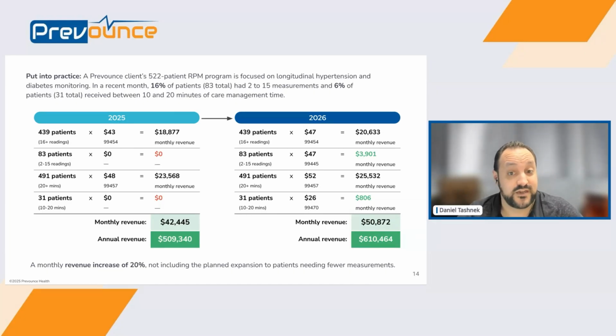How would this increase the amount of revenue for patients that weren't hitting either time or device readings? And it ends up being about 20%, which is not bupkis, right? Everyone has some patients who take 14 readings, or you really only spent 12 minutes on the phone with them. So this increases reimbursement for those cases where that's the case.